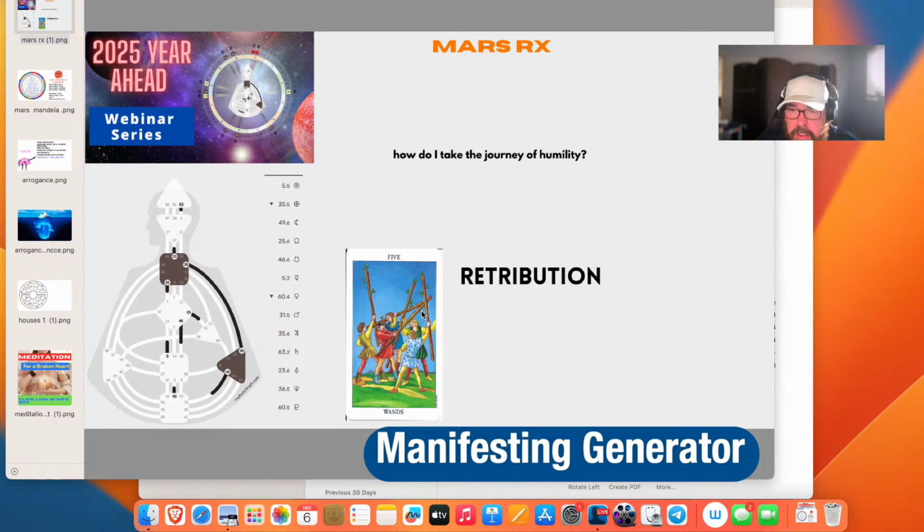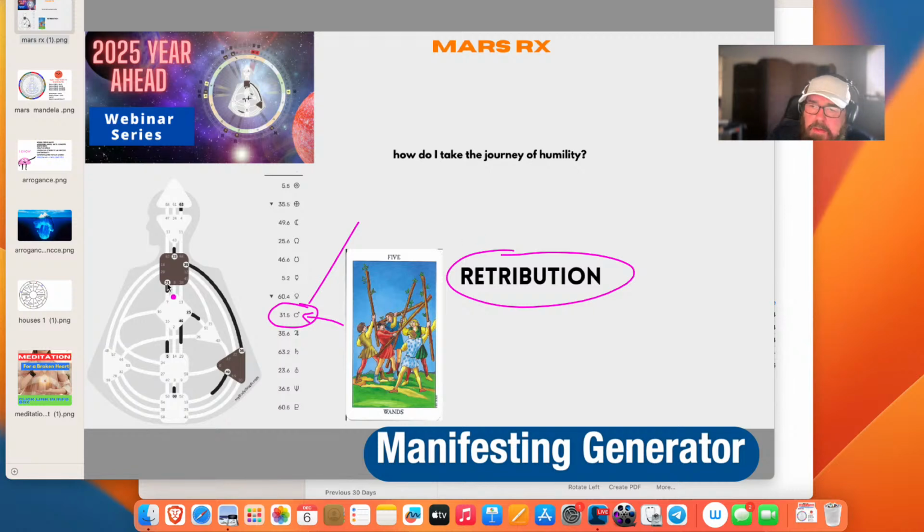Well, right away I go to this, because this, the Five of Wands, correlates to the first decan of Leo. And this is this 31.5. This is the keynote of self-righteousness, this 31. So Five of Wands, no accountability. So this would definitely fit with the 31st shadow.